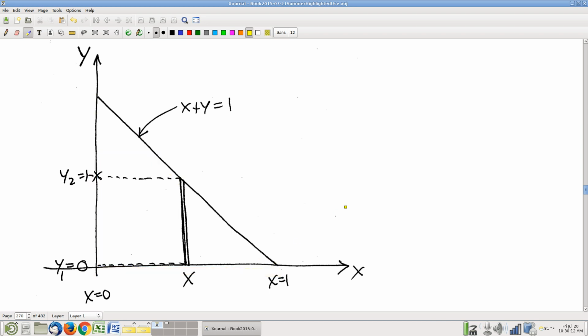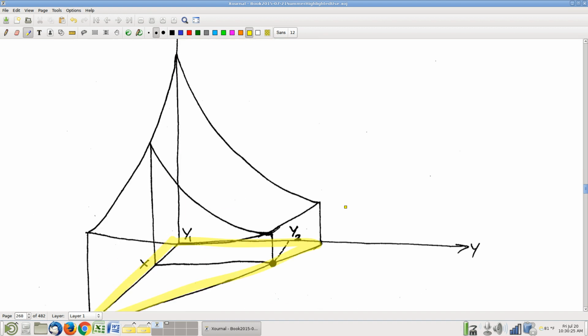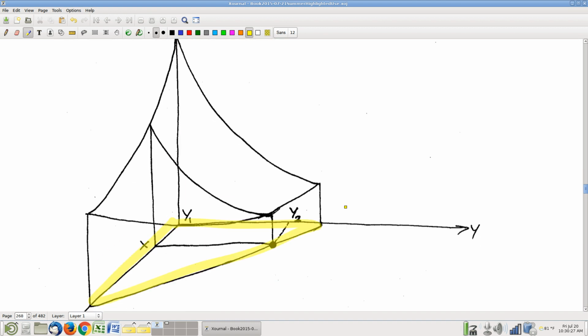Yeah, go ahead. So it's almost like you're finding a level set when you're integrating that? Not really, because we're not looking at the function. The function that we're interested in is this thing here, right? We're not looking at a level set of that.